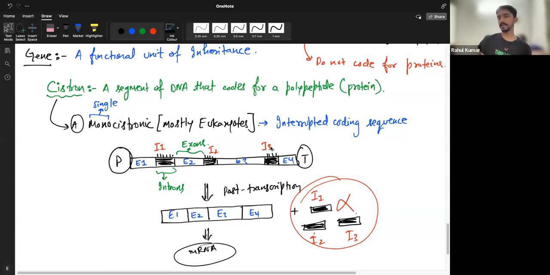And next line, write down, the exons are interrupted by intervening sequences called introns, that do not appear or which are not present in a mature or processed RNA.